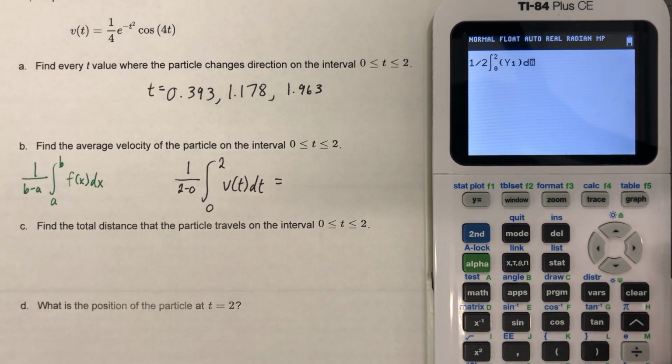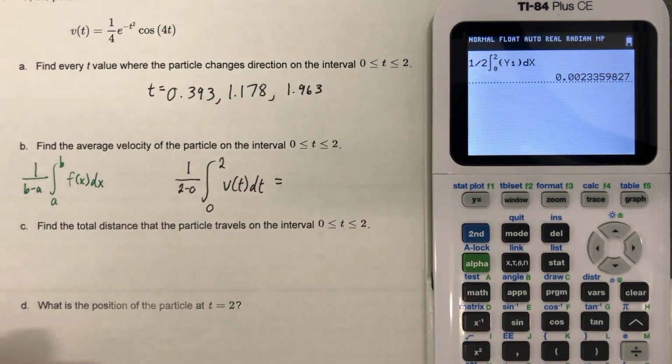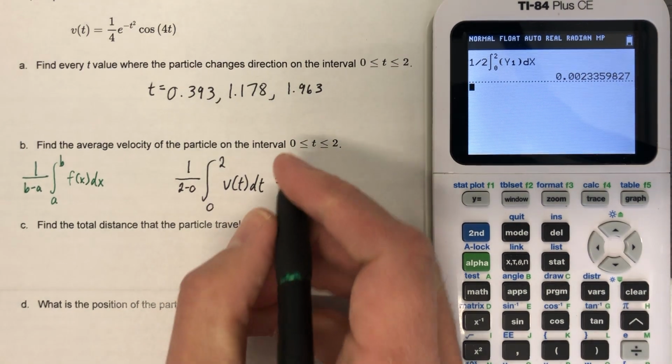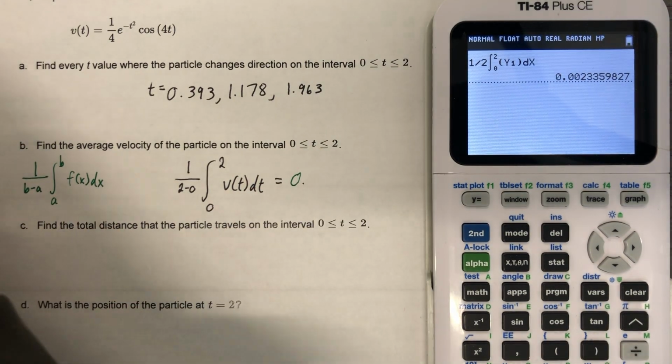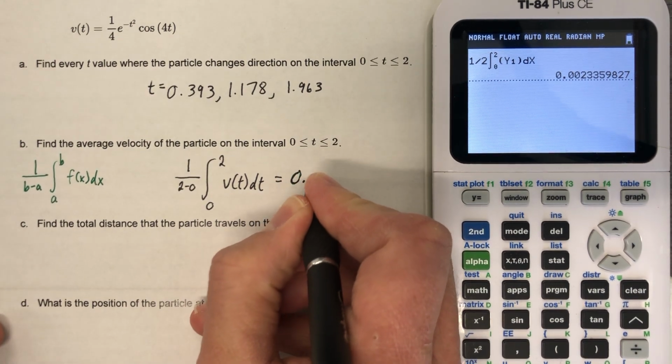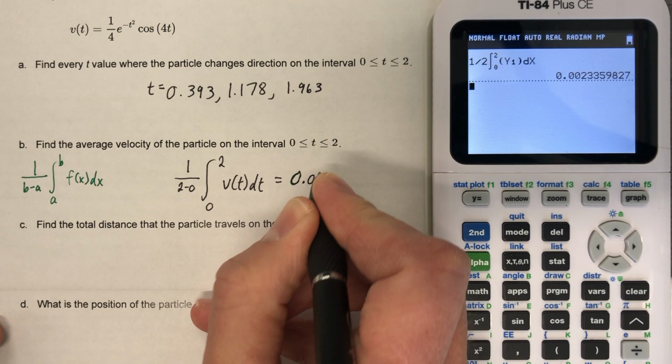On paper, it's the t variable. On the calculator, it's the x variable. And this will tell us the average velocity, and that is a very small number that is ridiculously close to 0. But I'm going to use, consistent with what we do, 3 decimal places, 0.002. Go further if you like.